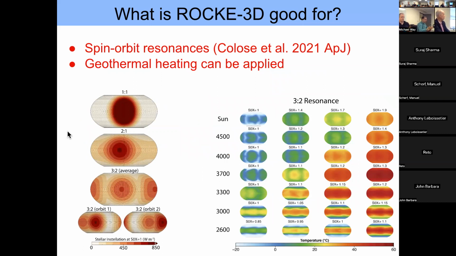And Chris has also even applied geothermal heating that is possible in Planet 1.0, since some of these tidally active systems will have some tidal dissipation and hence some sort of tidal heating also, which can be put into the models at the land surface and even at the bottom of the ocean, if you like.